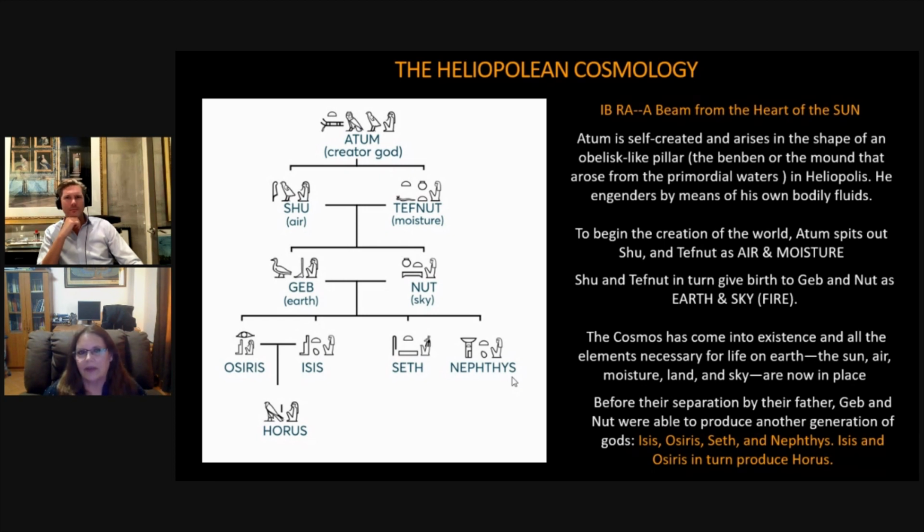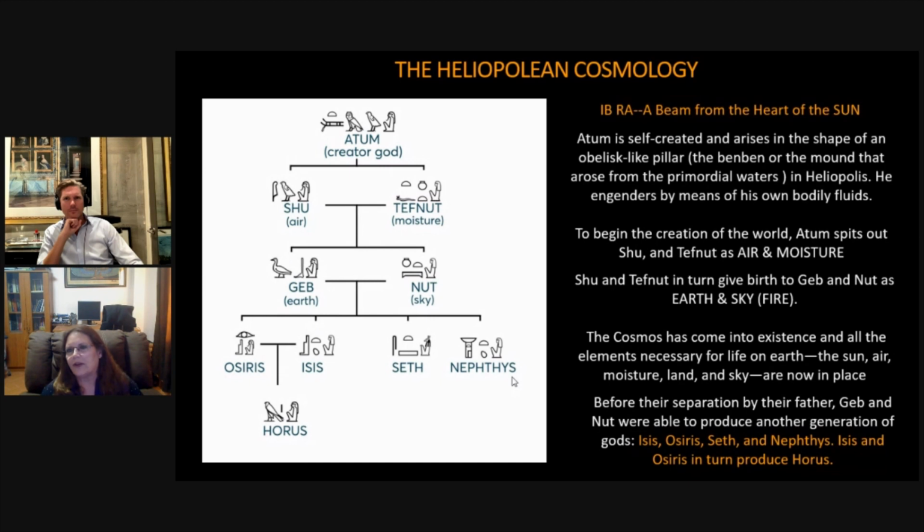It's Atum, our creator, who gives birth to Shu and Tefnut, who we talked about in the last few presentations, and Geb and Nut. There's our four elements, air, moisture, earth, and sky, who then give birth to the five. This is when we fall off our axis. And so Ibra, that beam from the heart of the sun, is Atum. It all begins with Atum, who is the atom, right?